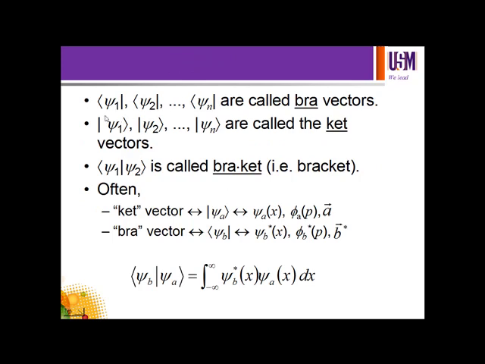So the symbol like this is called the bra. And this is called the ket vector. And when you combine them in an inner product, it's called a bracket.